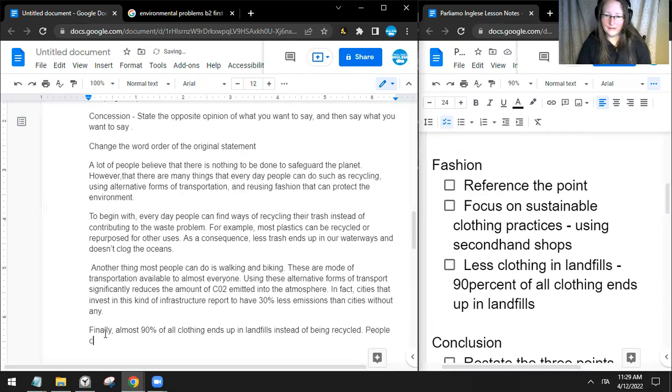So people can buy secondhand, or people can donate their clothing instead, or find other ways of fixing and extending the life of their clothes. This, in the end, will reduce the waste in landfills.